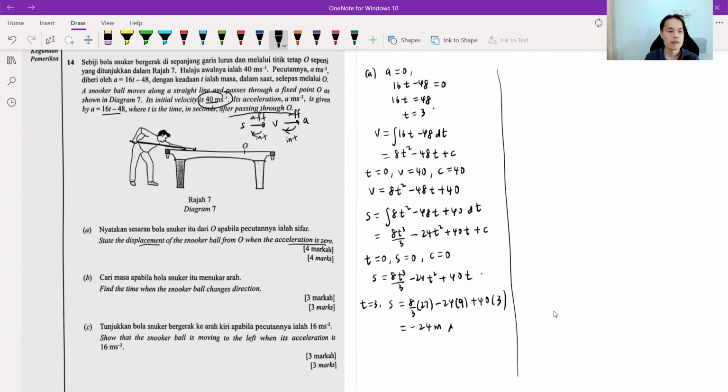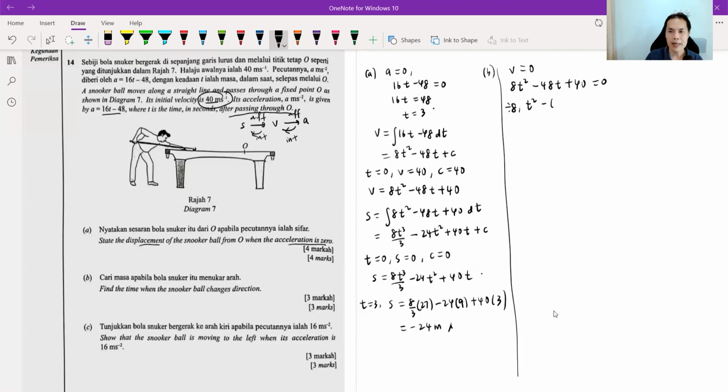Okay, next, find the time when the snooker ball changes direction. Now we know the ball or any object will change direction when the velocity is 0. Since I already have my velocity function, I'm going to sub in 8t squared minus 48t plus 40, let it be 0. Let us divide by 8.